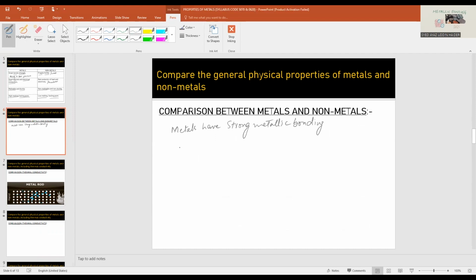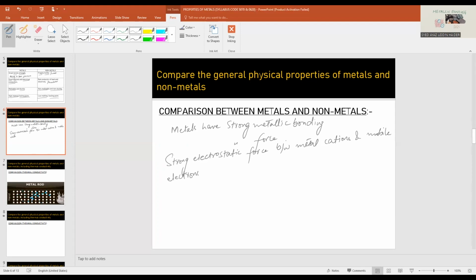They have strong force, you can even write strong electrostatic force, between metal cations and mobile or delocalized electrons.